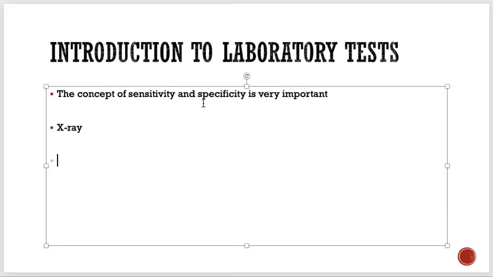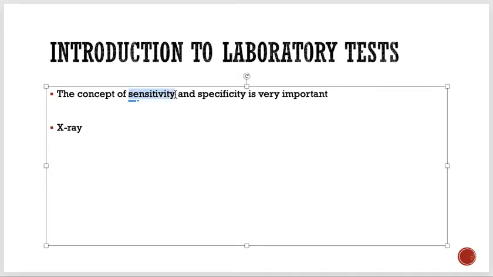For example, sensitivity is the measure of the percentage of individuals with the disease who have positive test results, which means people with the disease who are correctly identified by the procedure.